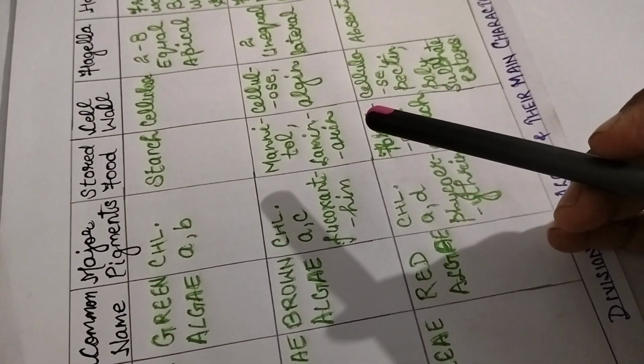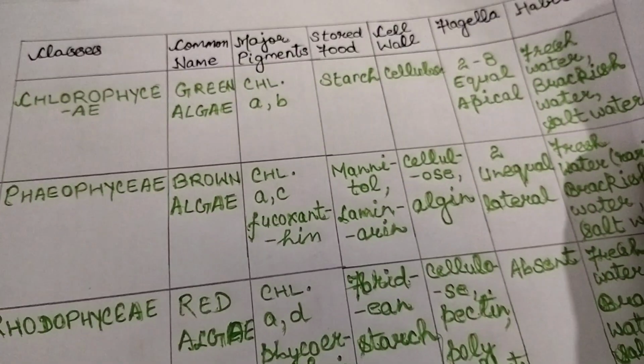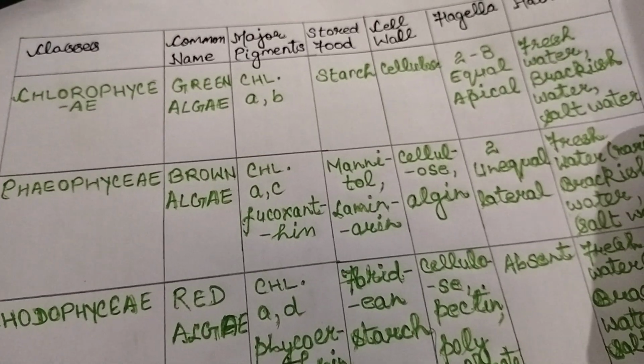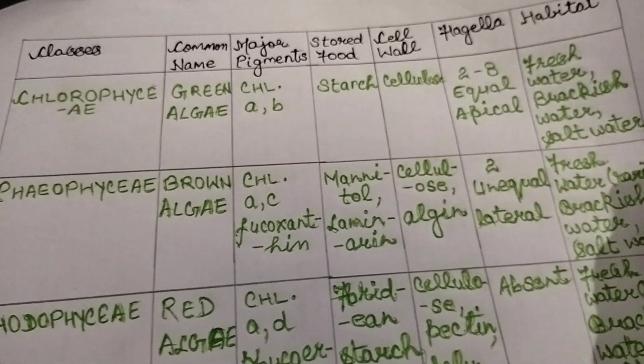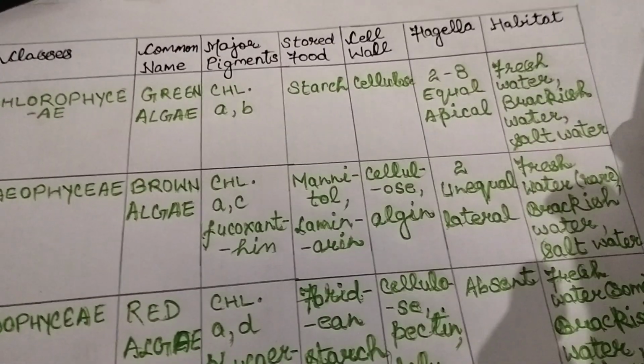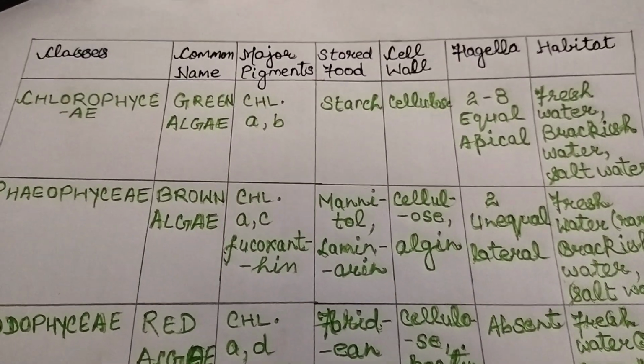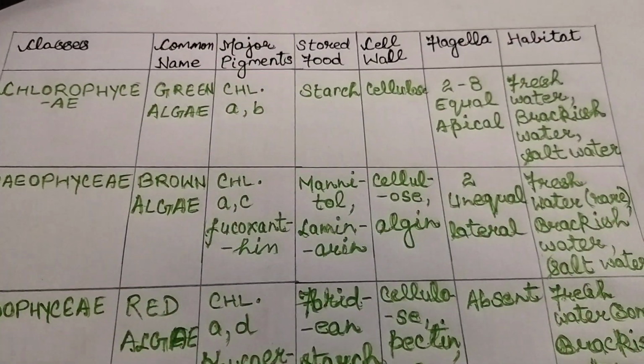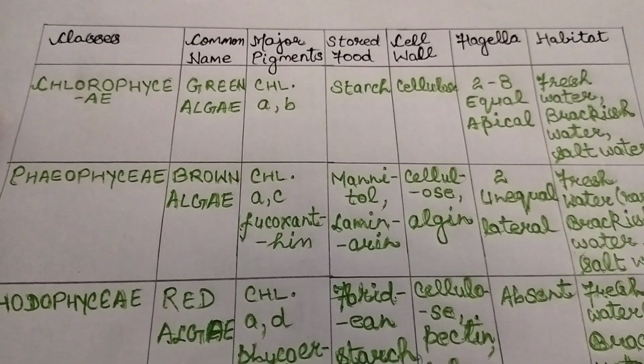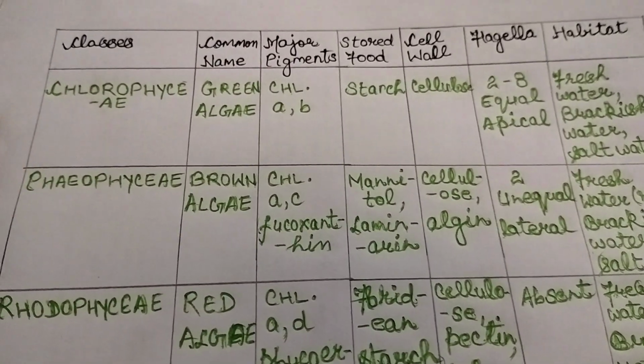Now we will have a very quick review regarding the divisions of algae, meaning classes of algae and their main characters. You can see I have prepared a chart. It is very easy for you to study with the help of a chart. So you also all make a habit of preparing notes in the form of charts, which will help you to learn well.